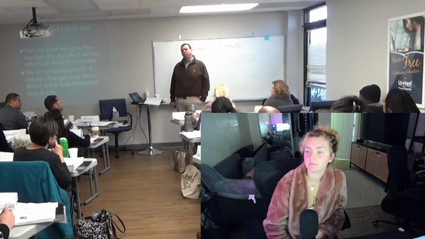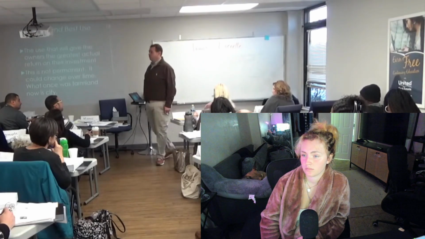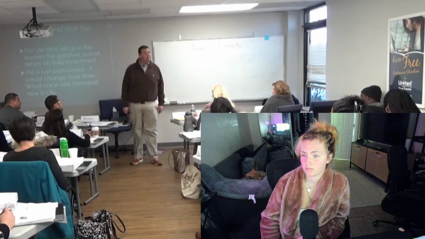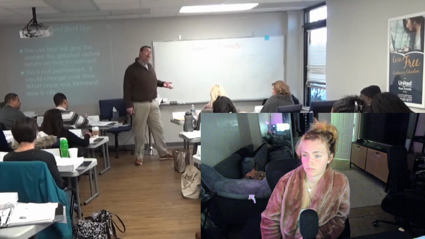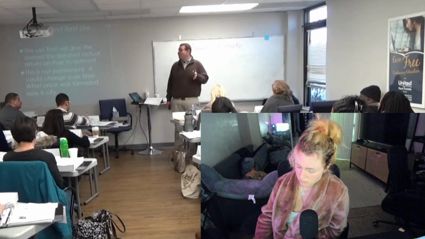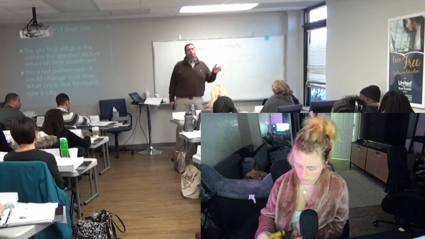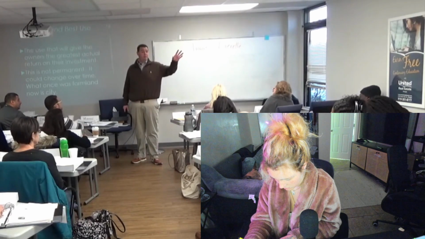Restaurant. So, properties have multiple possible uses, but they only have one highest and best use. And the key thing about highest and best use is it can change. It changes over time because populations change, things shift. Does everybody agree with that?